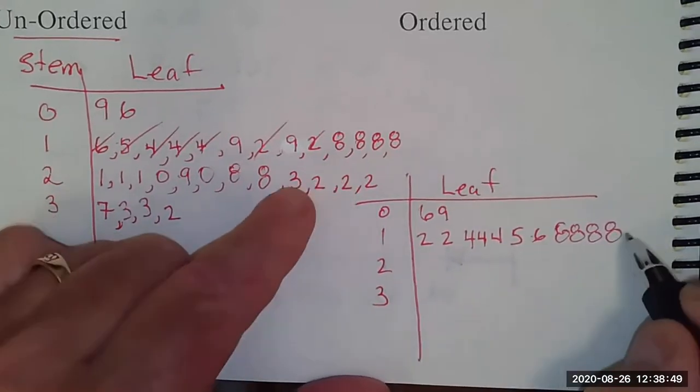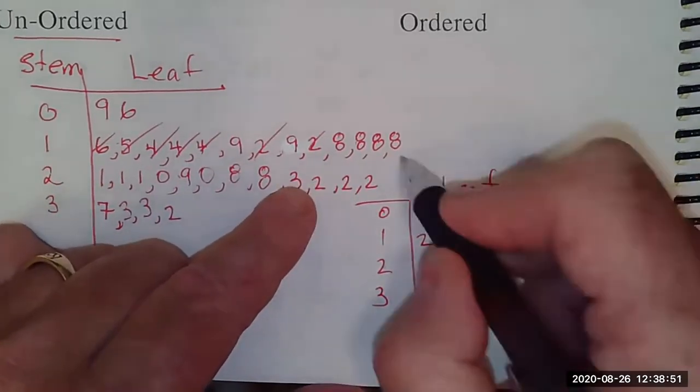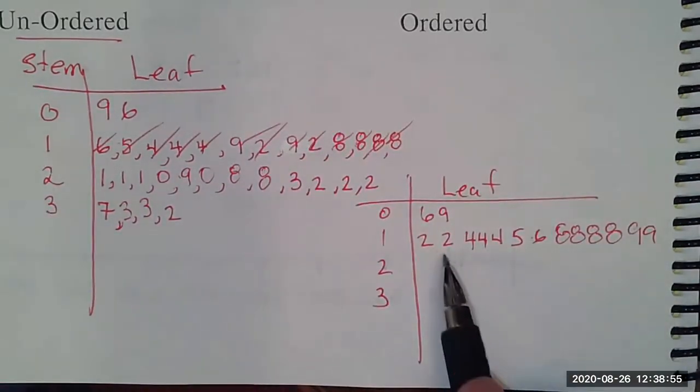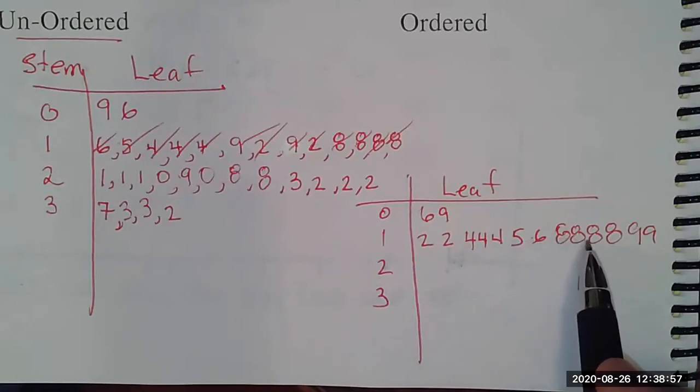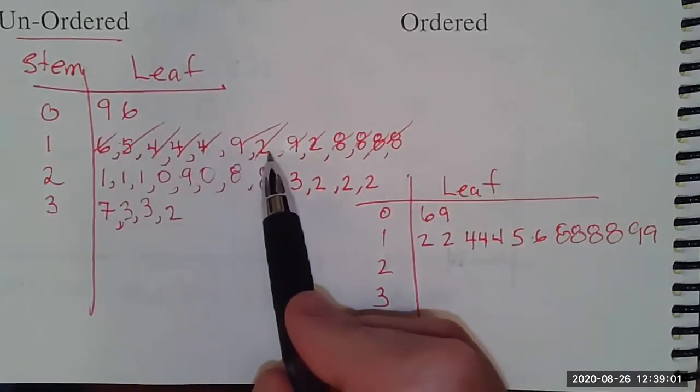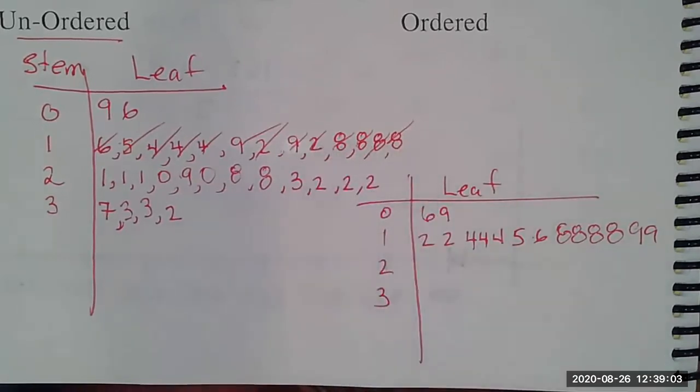Looks like 4 8's and a couple 9's. All right, 2, 4, 6, 8, 10, 12, 13. Okay, I got all the numbers there.